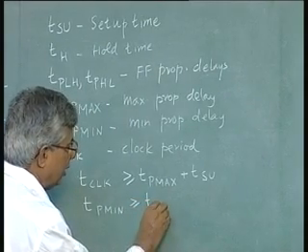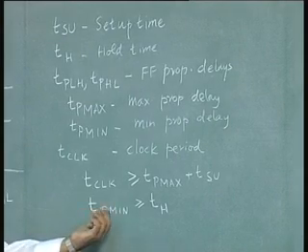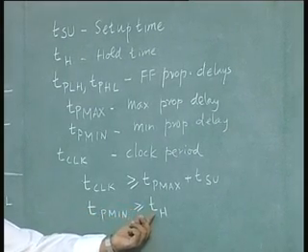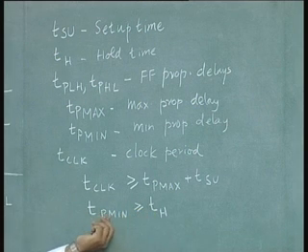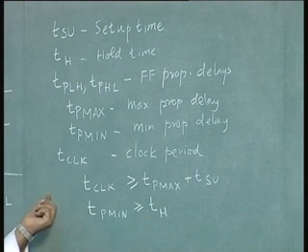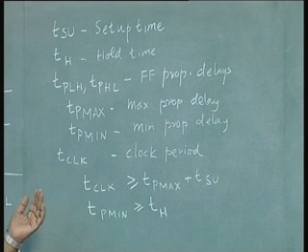What I mean is, if TP min happens before TH, that means if the propagation delay is less than TH, the output of the flip flop Q can go and change the input. That should not happen. The data validity is what we are looking at.